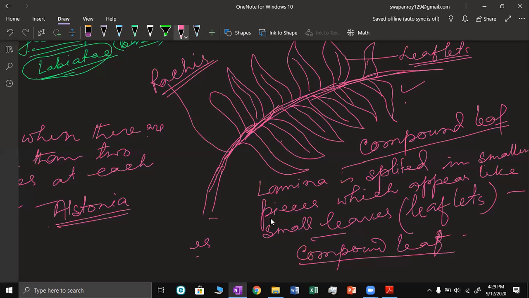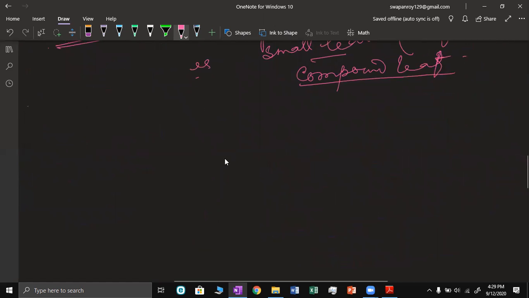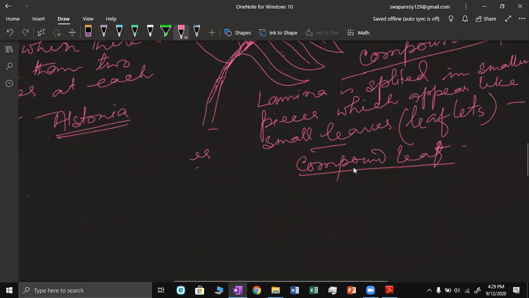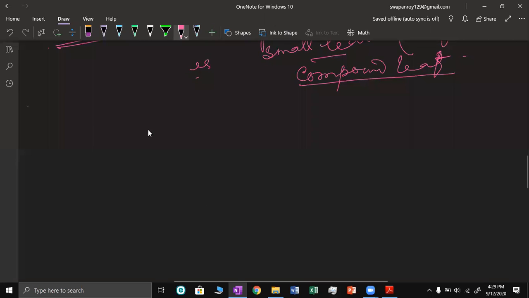Now we have a problem: how can we know that these are leaflets, part of the same leaf, or these are simple leaves, not part of the same leaf? We can easily identify that.